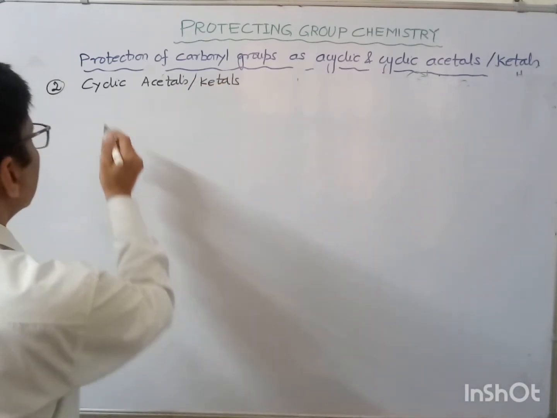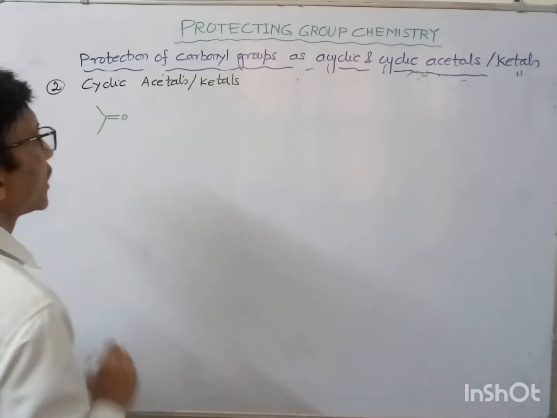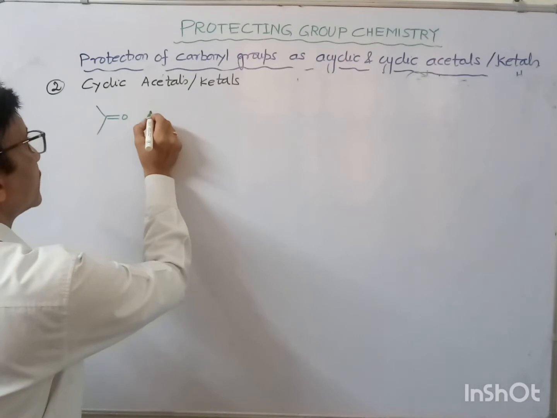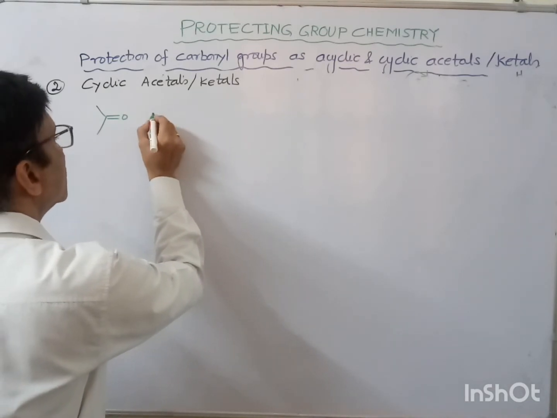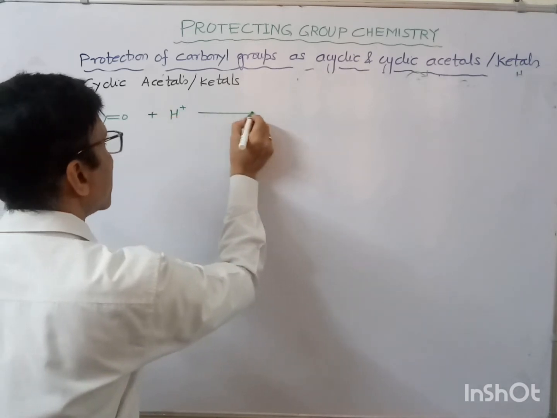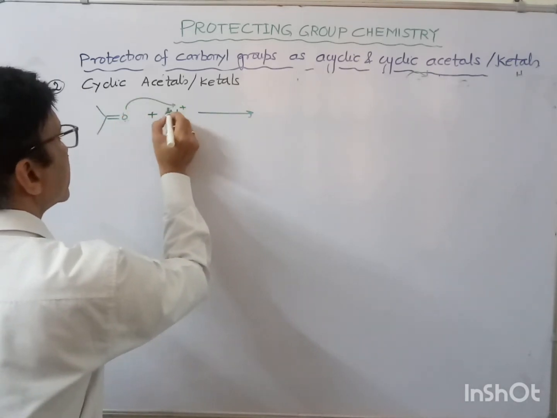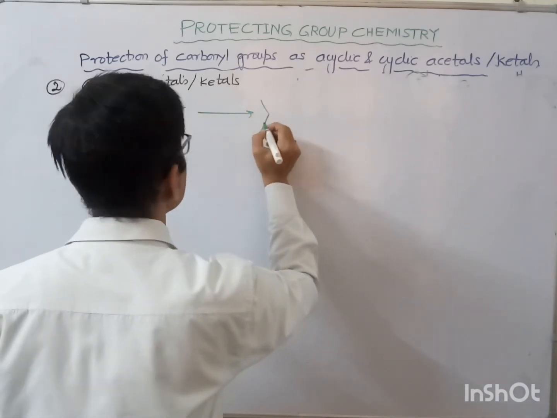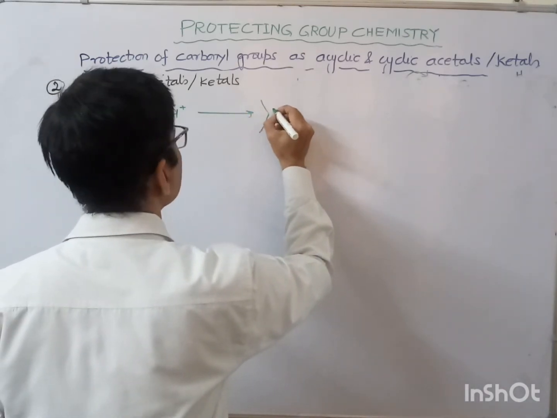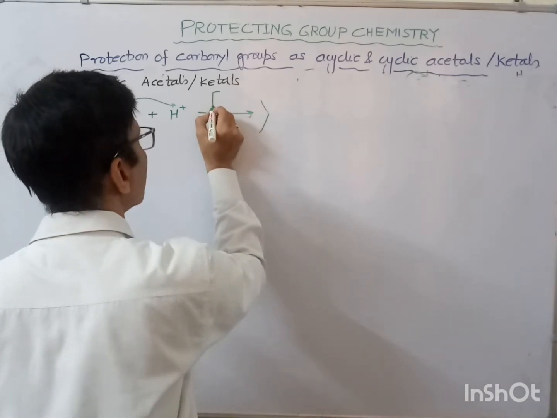Okay, so if we have a carbonyl compound, then that may be treated with a diol. First of all, this is protonated, and then we have, suppose, a diol.